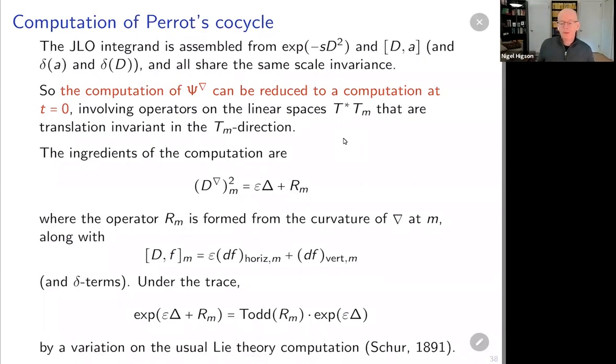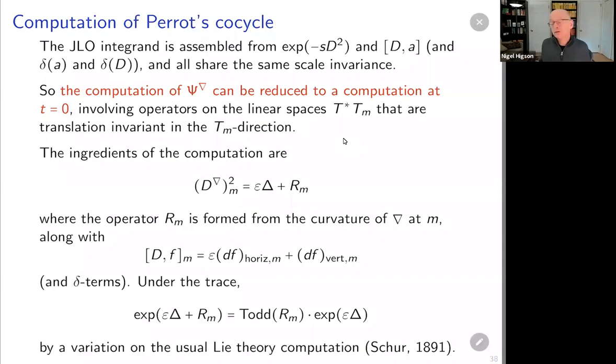And finally, when you take the trace, this isn't quite true on the nose, but under the trace, the exponential of d squared, in other words, the exponential of epsilon delta plus r of m, think of this as epsilon delta plus a small perturbation. What Schur examined is how the exponential changes under small perturbations of the argument.